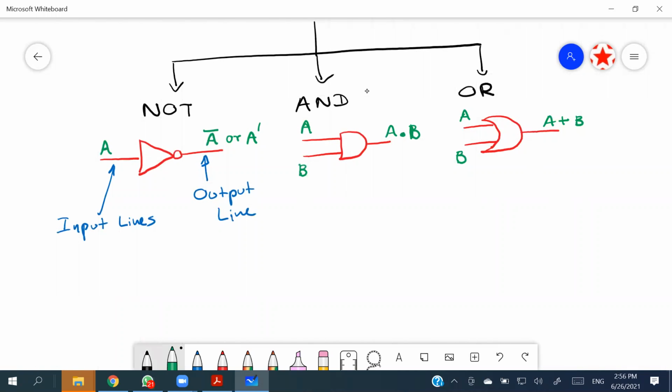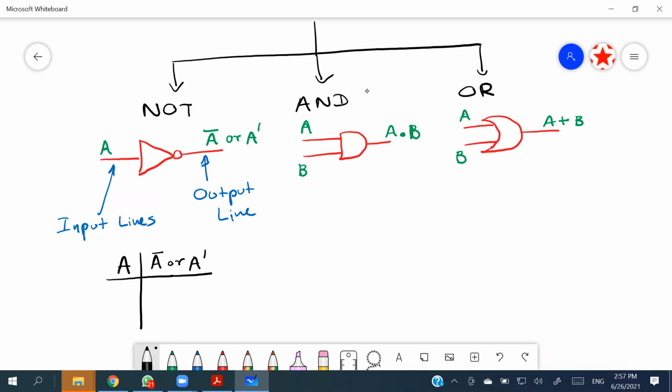Now, if I draw the truth table for the NOT gate, a truth table basically has the possible input values and the corresponding output values. As per the diagram I have drawn here, my input is A and my output is A dash or A bar.